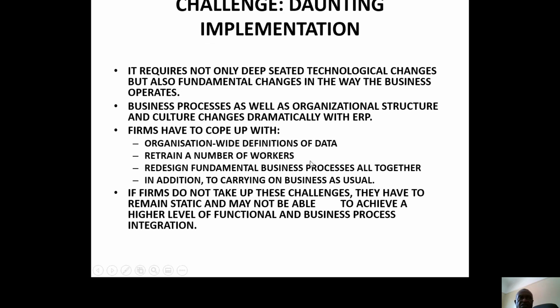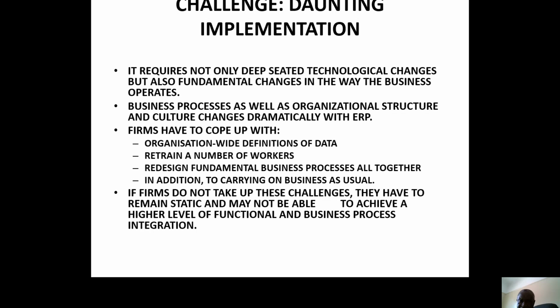Implementation, yes, it's a long process. Organization-wide definitions of the database. We have looked at these as problems. Transforming and loading: transforming the database into something with definitions which are understood by the entire organization.